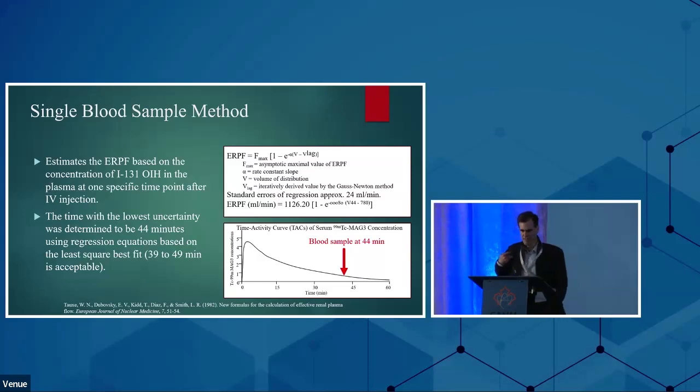You take a blood sample at 44 minutes, which is the time where you have the least error according to publications done 4 decades ago. Assuming that the physiology does not change over time, I figure this is still applicable today.